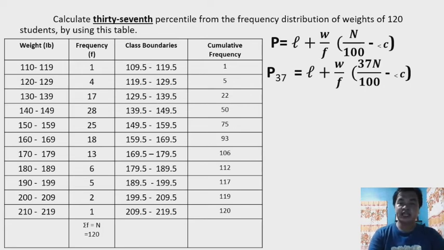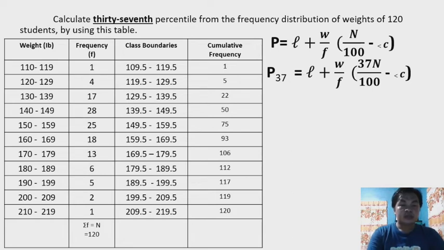So alamin muna natin ang value ng L, W, F, then N, and the less than cumulative frequency. Hindi natin malalaman kung hindi tayo babase sa kung ano ang hinahanap. Dahil 37th percentile ang hinahanap, titingin muna tayo dito sa cumulative frequency kung saan medyo mas malapit si 37. Dahil si 37 ay malapit sa 50, dito muna tayo magbigay focus.